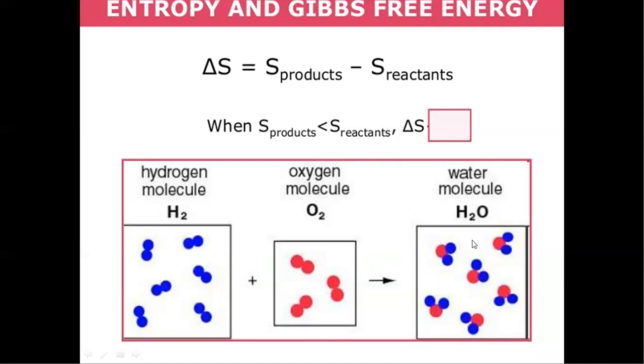In liquid, compared with the gas, the molecules are slightly ordered. So if you compare the entropies of these two systems, the gas system has more entropy than the liquid. That's why delta S will be negative.